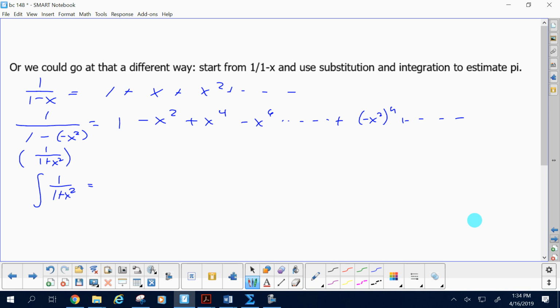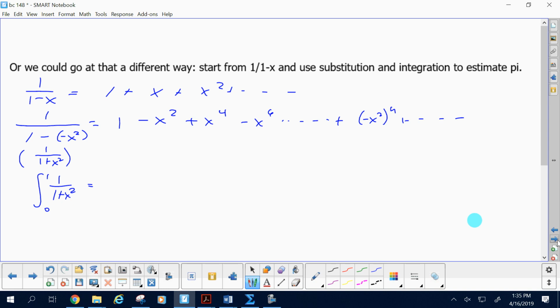What do you reckon we should be looking at? Inverse tangent of 1 is pi over 4. Okay, and then we would also like the other limit to go bye-bye. So what else should we use besides 0? We're going to go 0 to 1. And that'll get us pi over 4, I'm thinking, and then we'll deal with the 4 later.